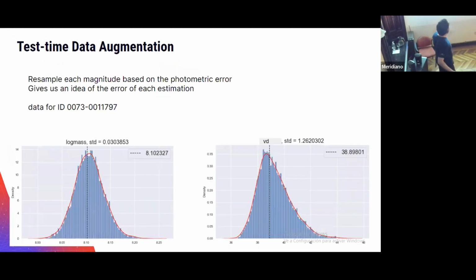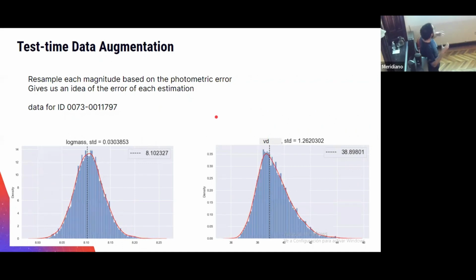And just to see this in action, we tried this for a single galaxy. It has a very pretty name, IT0073, and so on. We used the method that I just described for both the stellar mass and the velocity dispersion. For this single galaxy, we changed the magnitudes just a little bit, 100,000 times.